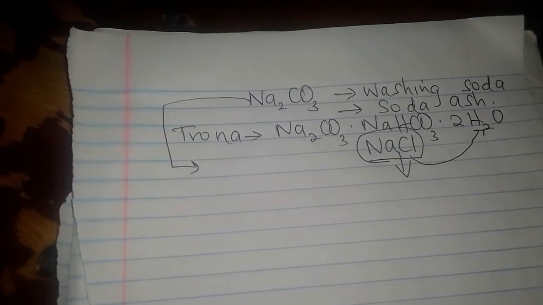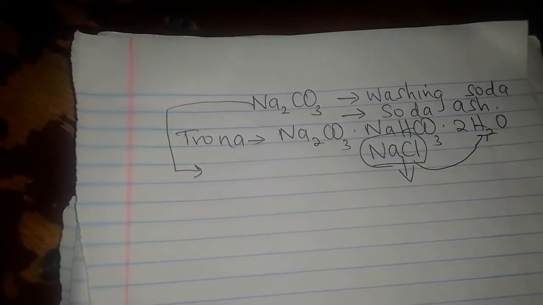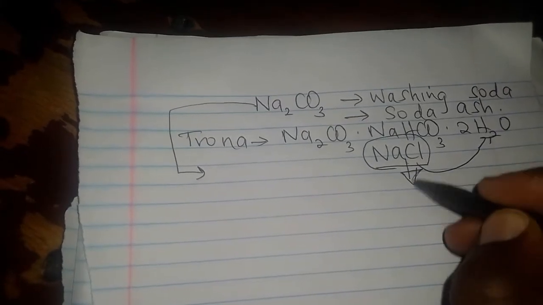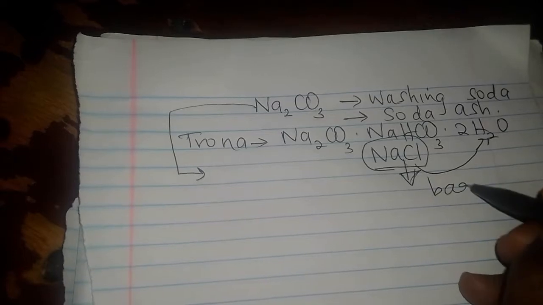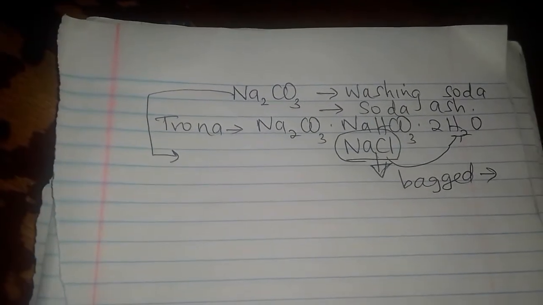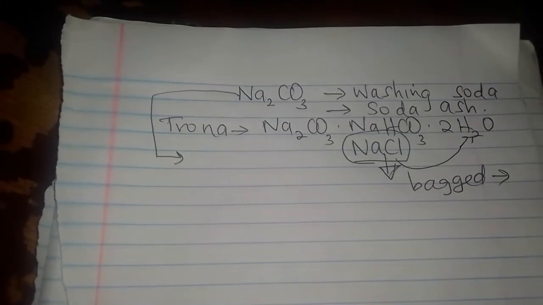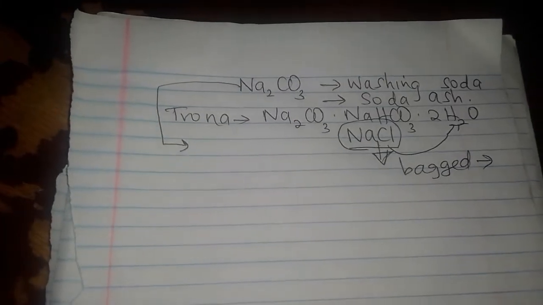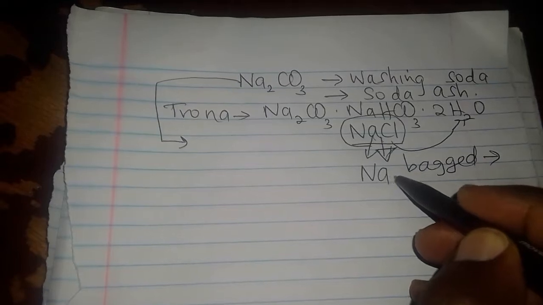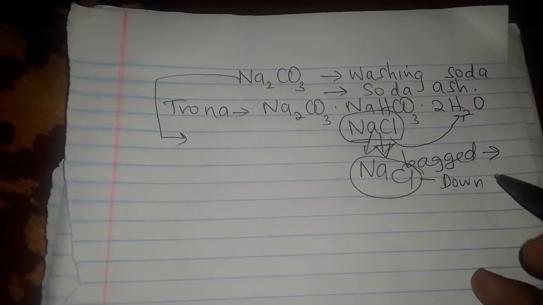It undergoes purification and crushing after it has been dug using bagged dredges, and then it gets bagged before it is transported to the market. Sodium chloride is used in food seasoning and as a meal for animals. It can also serve as a source of sodium metal when electrolysis is carried out in what we call a Downs cell.